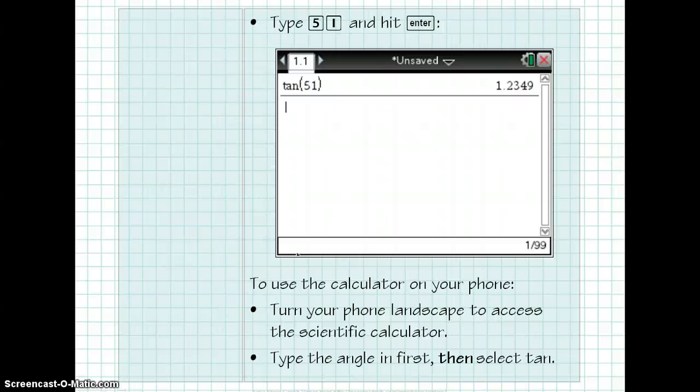It depends on your phone, but most phones that I've seen, you need to enter the angle first and then press the function, although on some Androids, you press the function and then enter it. You're going to need to experiment a little bit and see which it is. So you might just try pressing 51 tan and then tan 51, see which one gives you this 1.2349. Okay.